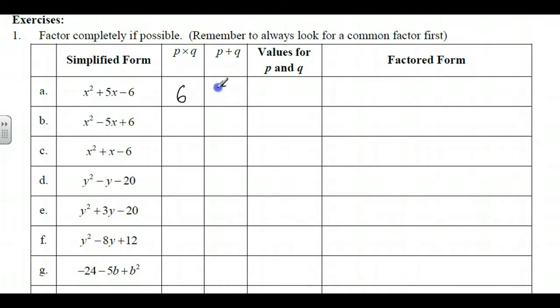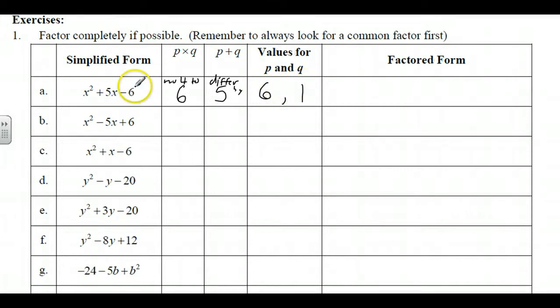P plus q is 5, so I'm multiplied to, and I'm saying differ by, right? Differ by. So two numbers that multiply to 6 and differ by 5. So 2 and 3 multiply to 6, but they add to 5, and I need them to differ by 5. So it's 6 and 1.